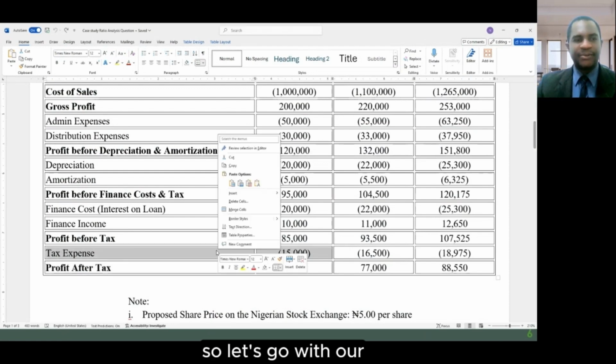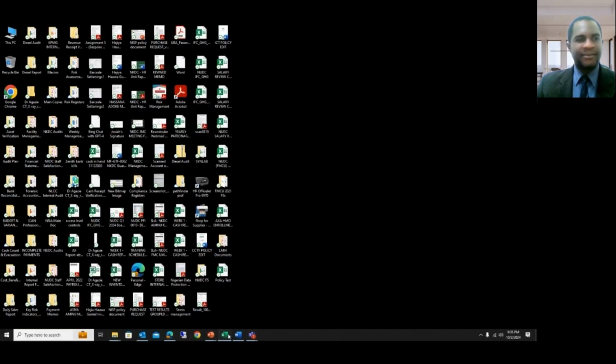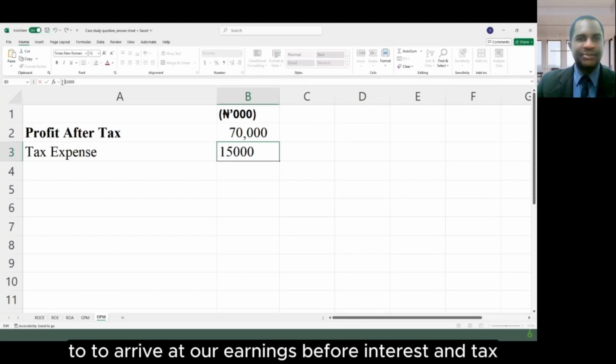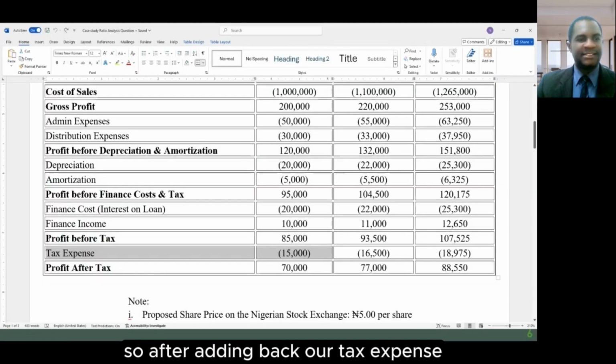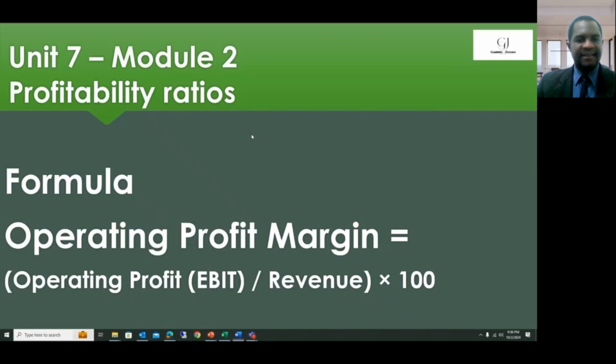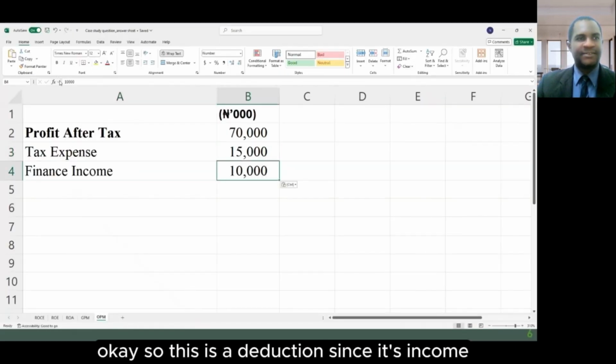Let's go with our tax expense. We add it back to our profit, so we want to walk back to arrive at our earnings before interest and tax. After adding back our tax expense, we deduct the finance income. This is a deduction since it's income.